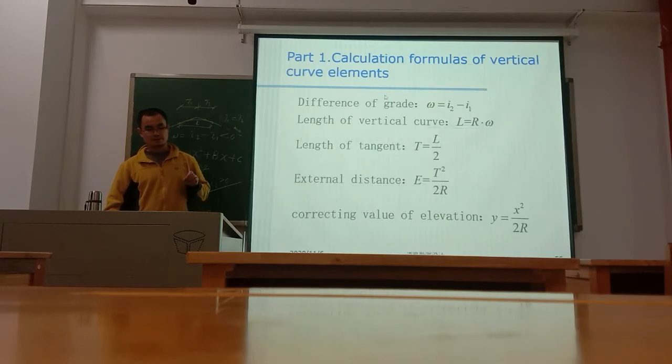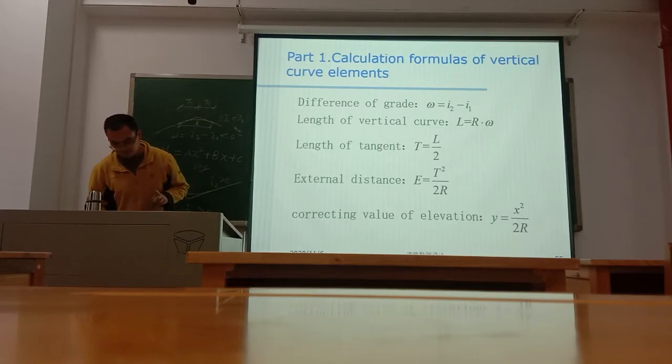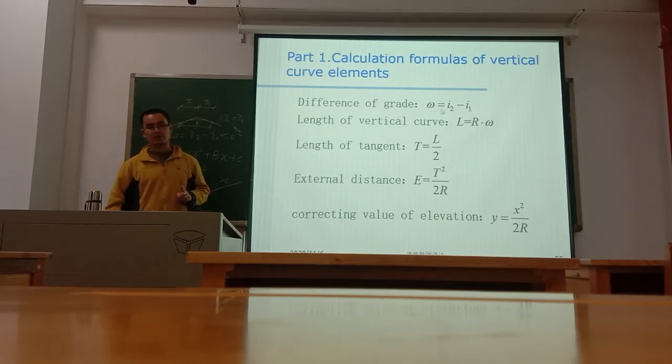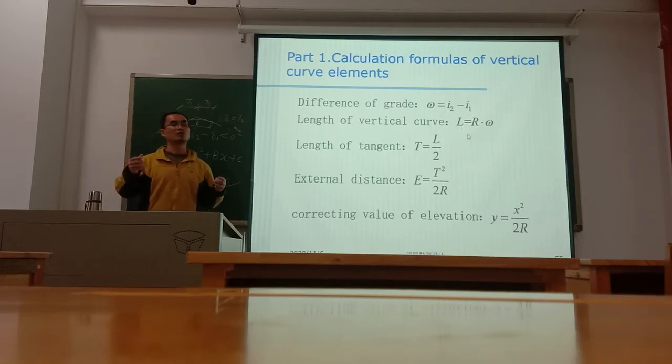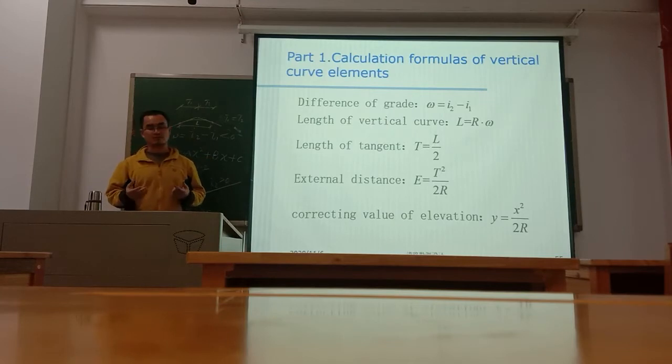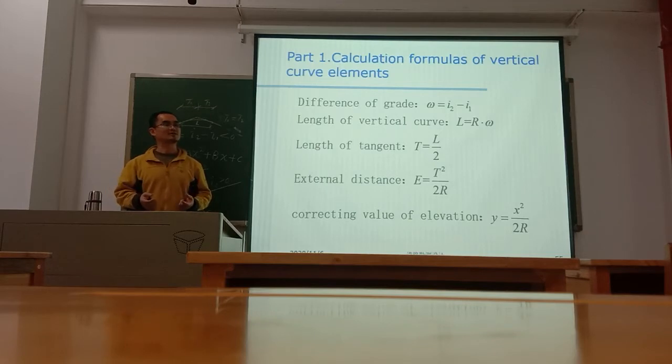So the calculating formulas. The difference of grade is omega. The length of the vertical curve L is equal to radius multiplied by omega. The length of tangent is half of the length, 1/2 of L. The external distance is this expression.